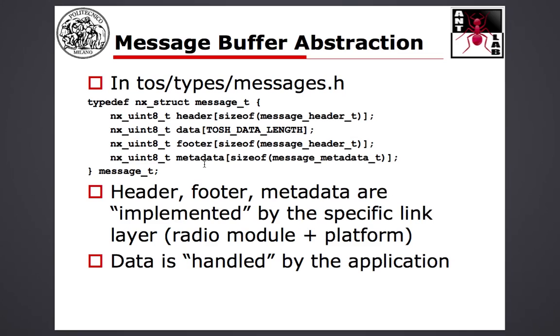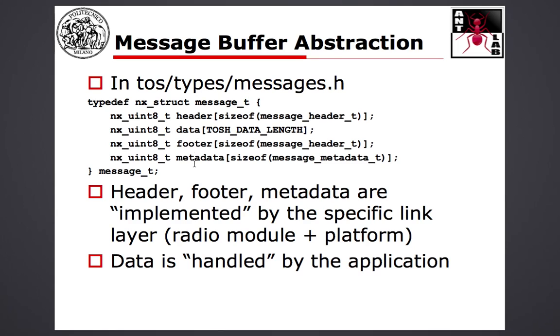Header, footer, and metadata are structures which are transparent to the users, used by the operating system for its own purposes, while the user has access only to the data part of these structures. And in the data part we will fill the data that we want to transmit, very simply.